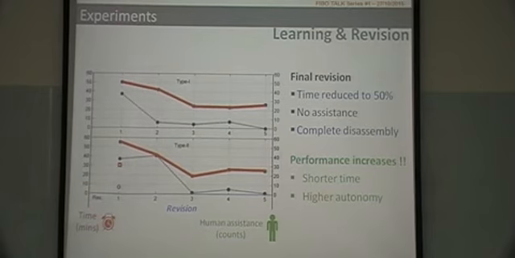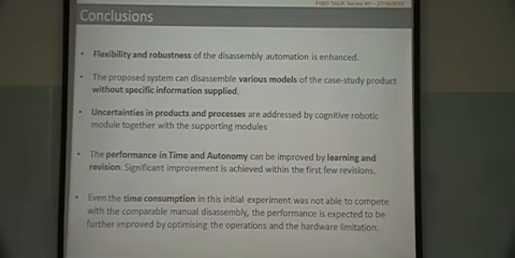This is the very first time my robot disassembled this model, and the second time you can see the time is lower, from 50 minutes to 40 minutes, and after 5 times it can be done in maybe 30 minutes. And this is another sample model. It starts from 60, and finally we can get down to something like 25 minutes. Okay, this is how my robot learned.